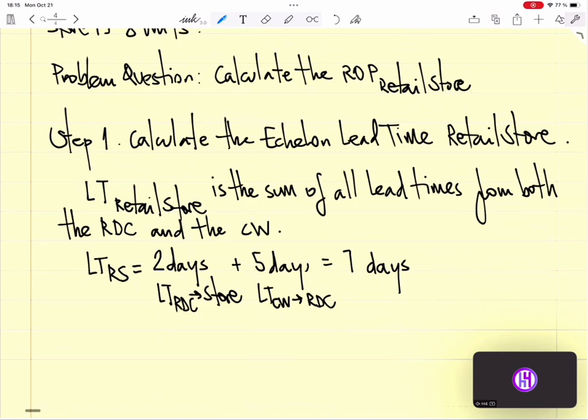The second step is to calculate the reorder point at the retail store.